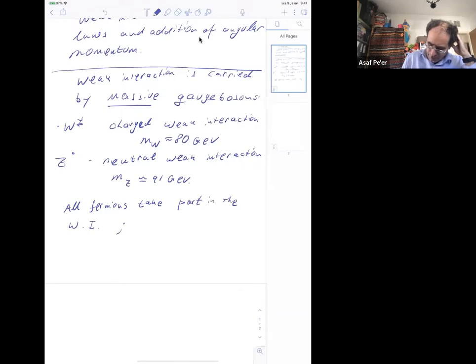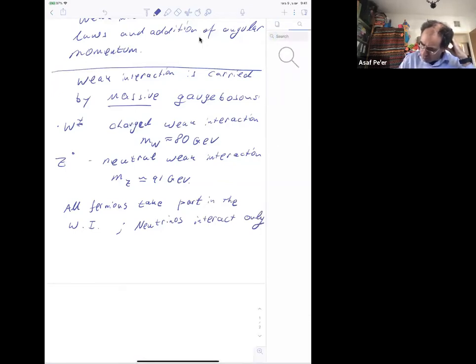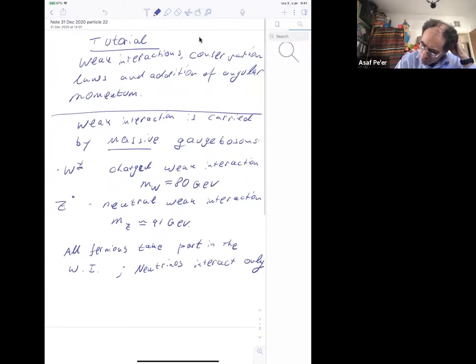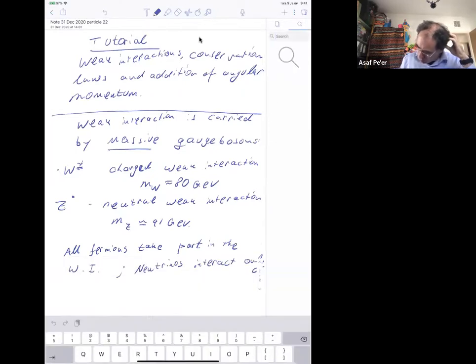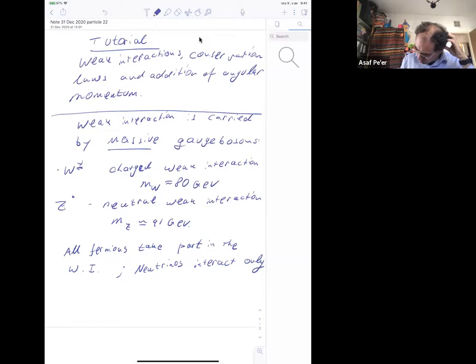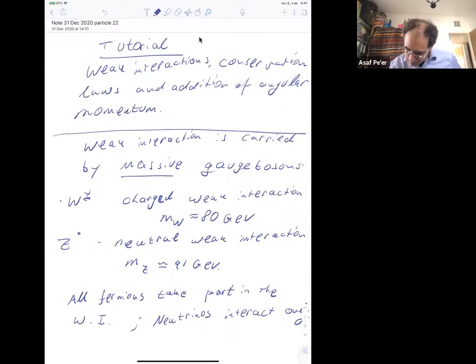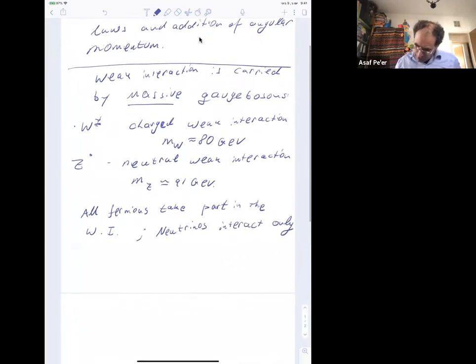Neutrinos interact only via the weak interaction.